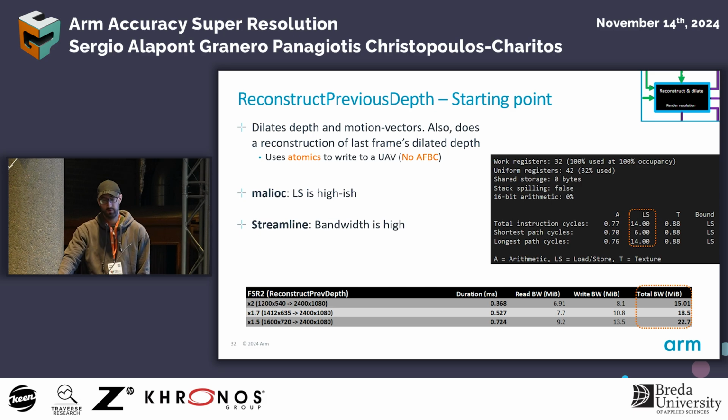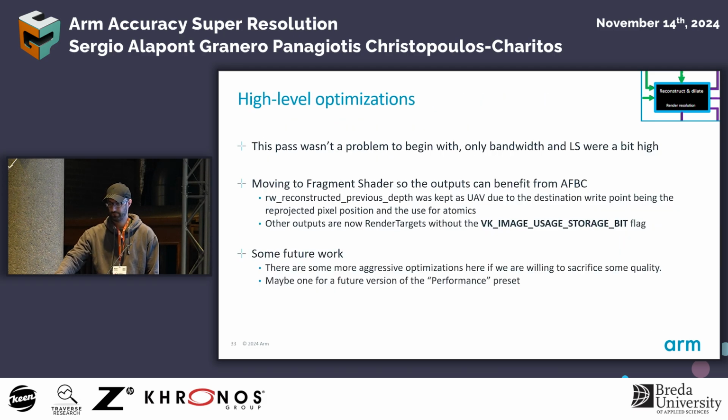This can probably be explained by the multiple UAV outputs. Streamline tells us that the duration of this dispatch is not too high, but bandwidth is a little bit on the high side. So for this pass, we will focus on bandwidth and the elimination of the load store instructions.